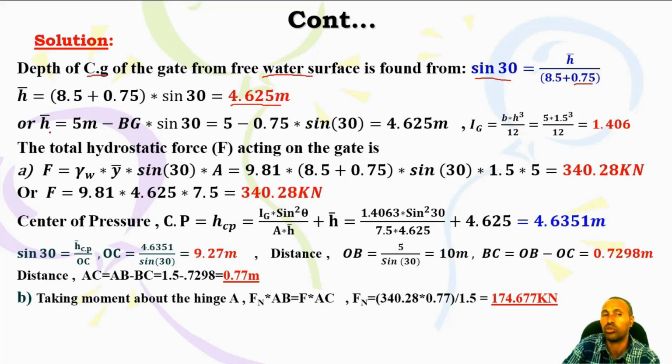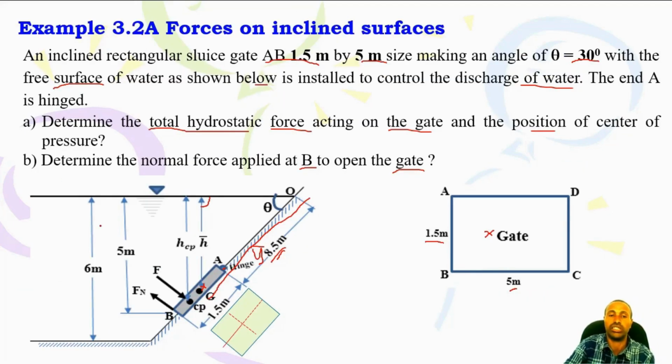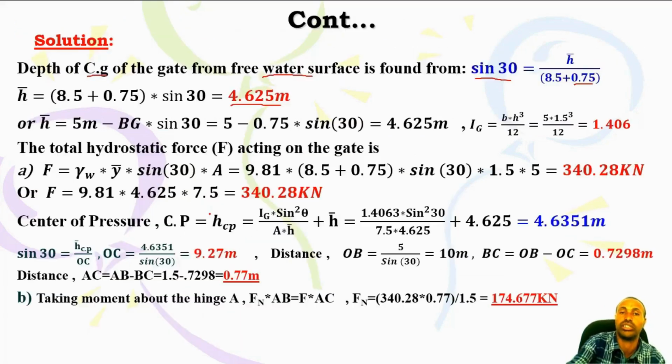Sometimes you can find h bar as 5 meter minus BG sine 30, where BG is half the gate length. So 5 meter minus BG sine 30 will give h bar. You can select any of the formulas, the same result you can find.